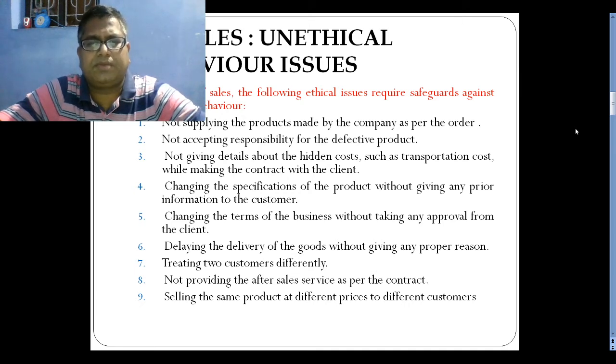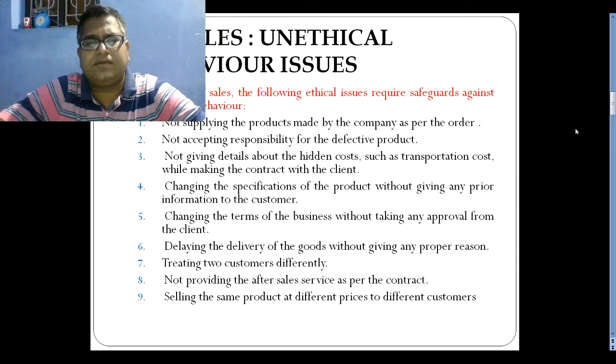Number one is the company not supplying the product as per the order. Sometimes you ask the shopkeeper about a particular product, and the shopkeeper says it is not manufactured at all, or there is a shortage for some duration of time. This is called an unethical way.